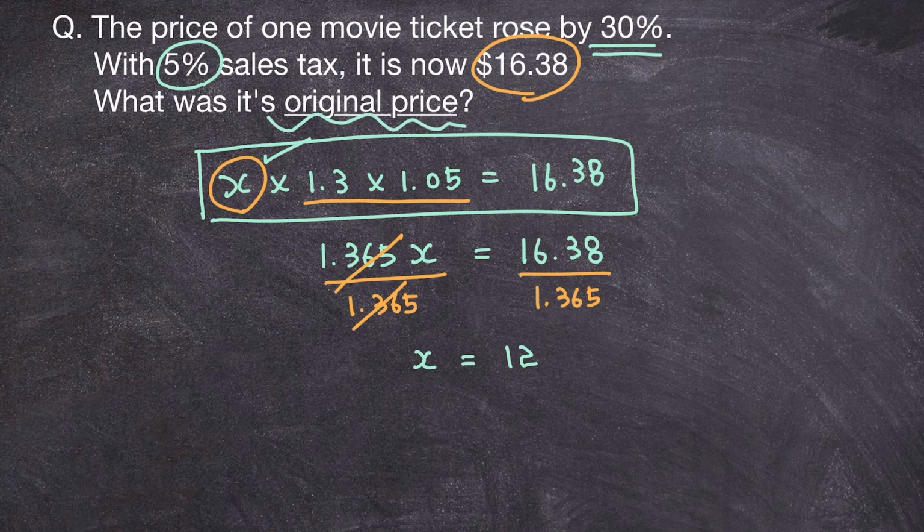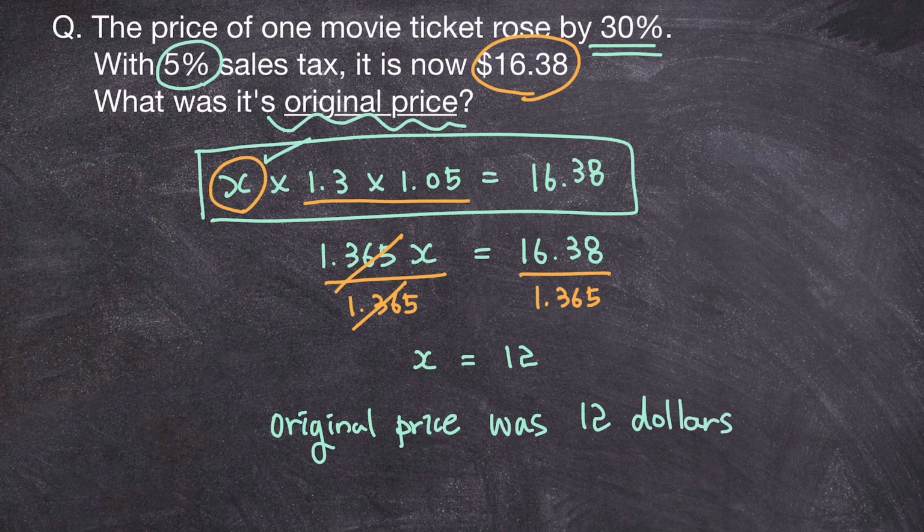So I'm going to answer this question by saying the original price of the movie ticket was $12. Be careful not to answer by saying, well, my x was equal to 12, because your teacher or your grader does not know what you set your x equal to, right? That's something that you made up.